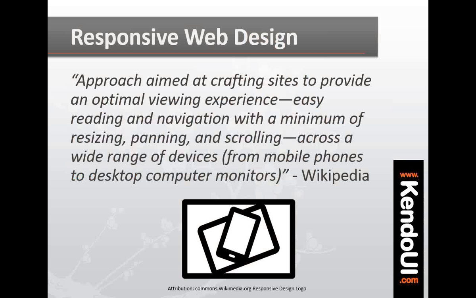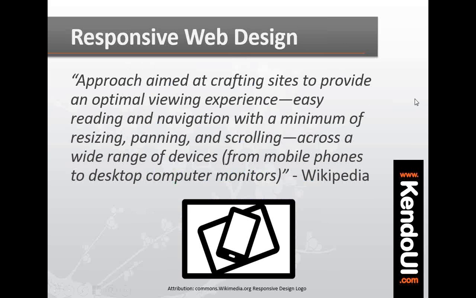So normally, as anybody does, Wikipedia is the place where you go and search for what we mean by some particular term, right? So I did a search for what RWD, or responsive web design, means. According to Wikipedia, it says RWD is an approach aimed at crafting sites to provide an optimal viewing experience.